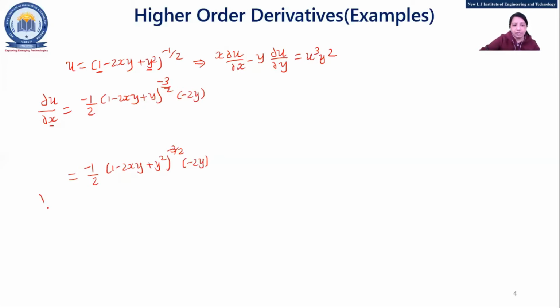Now the other thing is del u by del y. So obviously the answer would be minus 1 by 2 as it is. First term minus 2xy, that is also as it is, plus y square raised to 3 by 2. Here for xy, it should be what? What is supposed to be there, Akhilesh?